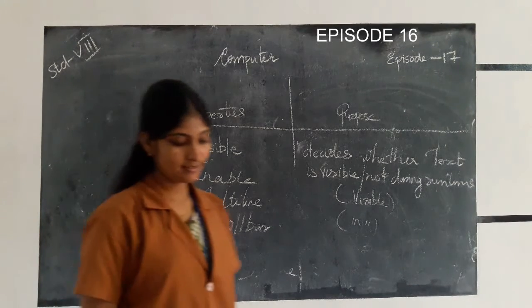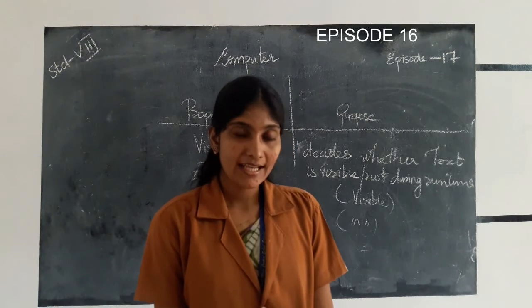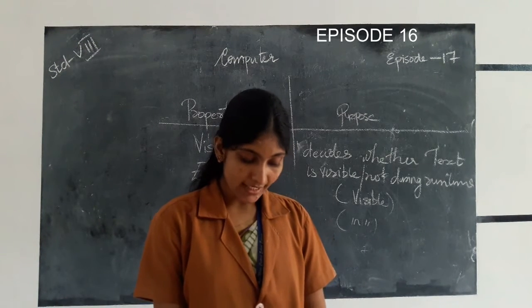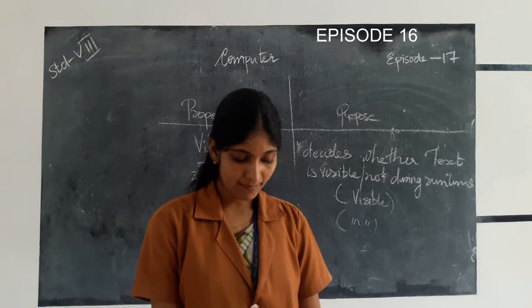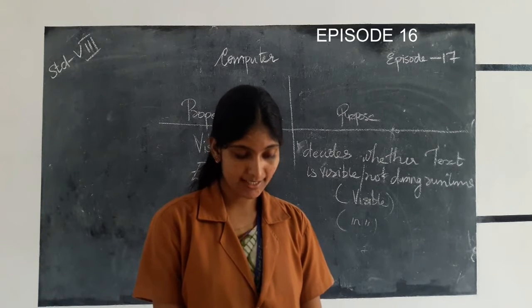Scroll bar means, and this is a property which is added to the text box to view the text which is more than that can be accommodated in the text box.